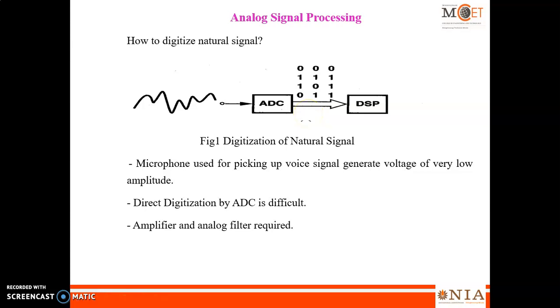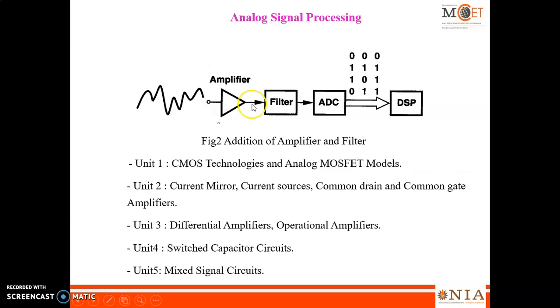I should eliminate this problem. How? I should increase the amplitude of the analog input signal. For that purpose, I am introducing an amplifier at the input. In addition, I should eliminate the out of band components that affect this analog signal. So, in addition to the amplifier, I am introducing one more device, a filter.